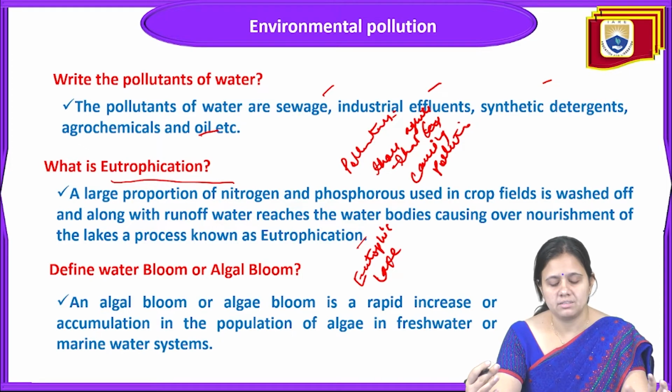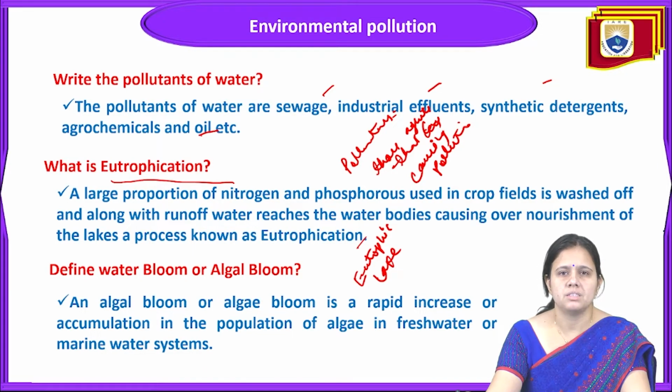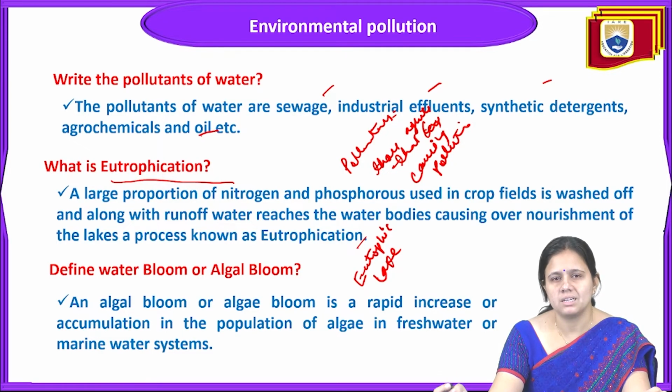Next is the term related with eutrophication, that is algal bloom or water bloom. This is a very important term that will be asked in many examinations. Algal bloom is the rapid increase or accumulation of the population of algae in fresh water or sometimes marine water systems.